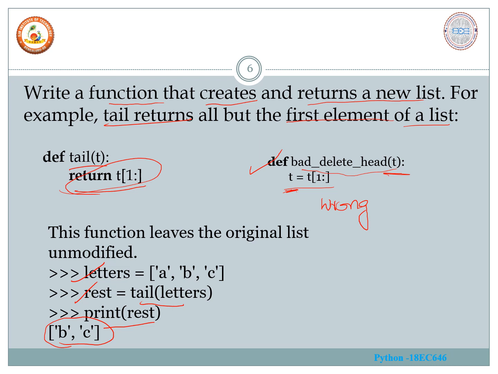But alternatively, you can write a function to create and return a new list. So what you can do is define tail. You can define a tail function. Then you return a new list. Fine. So here the example tail is going to return all but the first element, which is omitted.